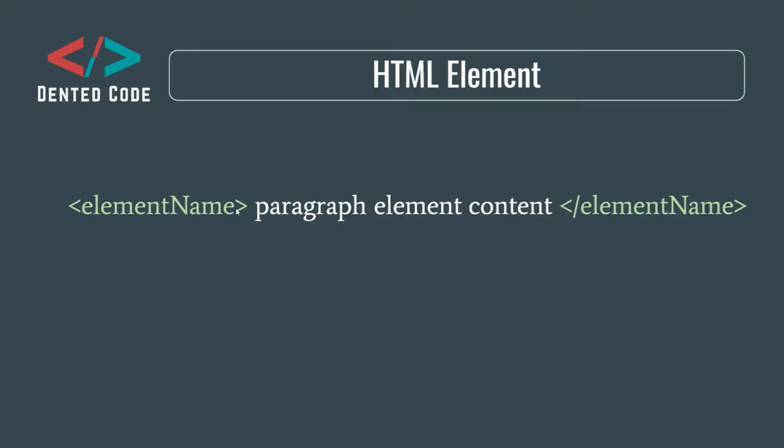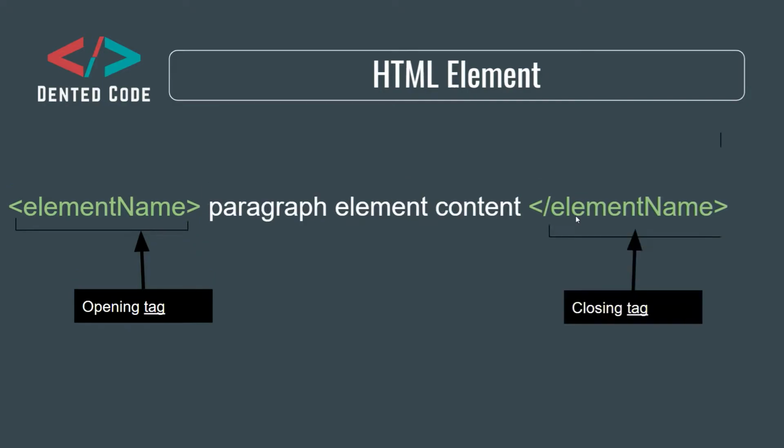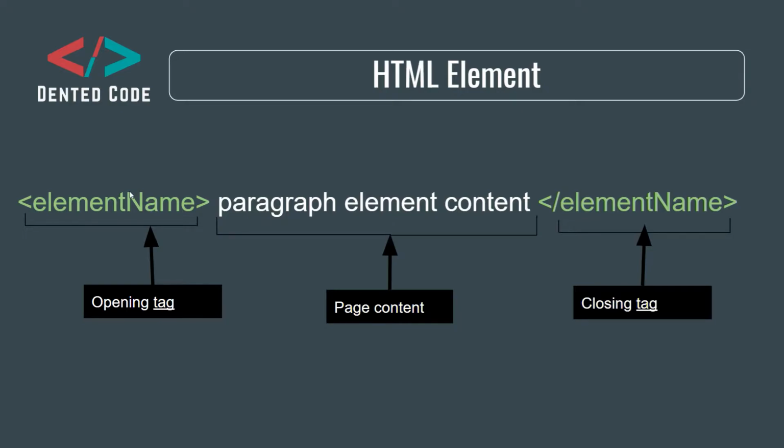So you call this an opening HTML tag, and you always have to close the tag with a backslash at the front of the element name inside the angle bracket. When you have an opening tag, a closing tag, and the content inside the tags, that is a complete element.